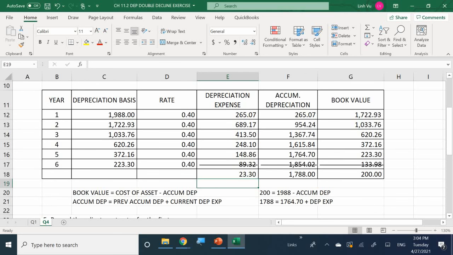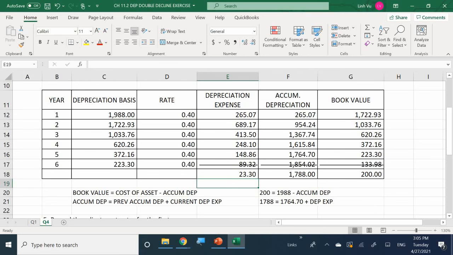So in this case, I cannot depreciate my asset for $89.12, because one, that's for the full year, and two, that pushes my book value to be less than my salvage value. Because I know that information, I need to work my way backwards. There's also another easy way.